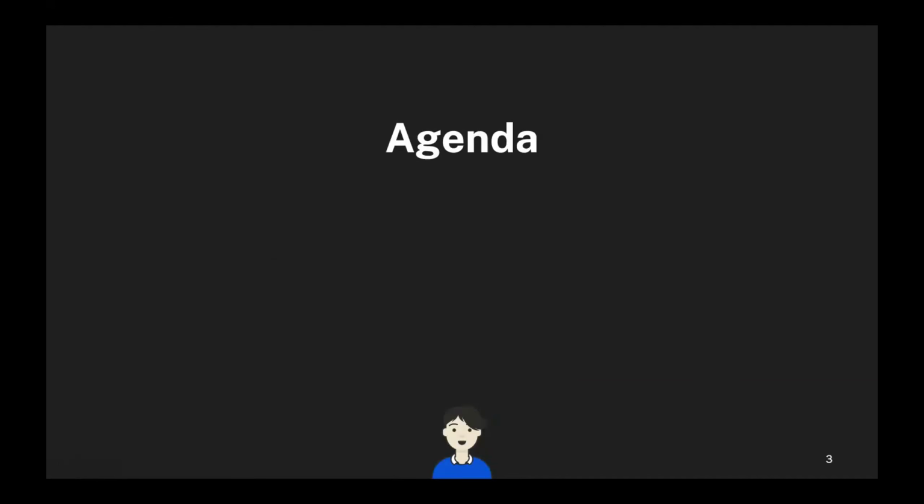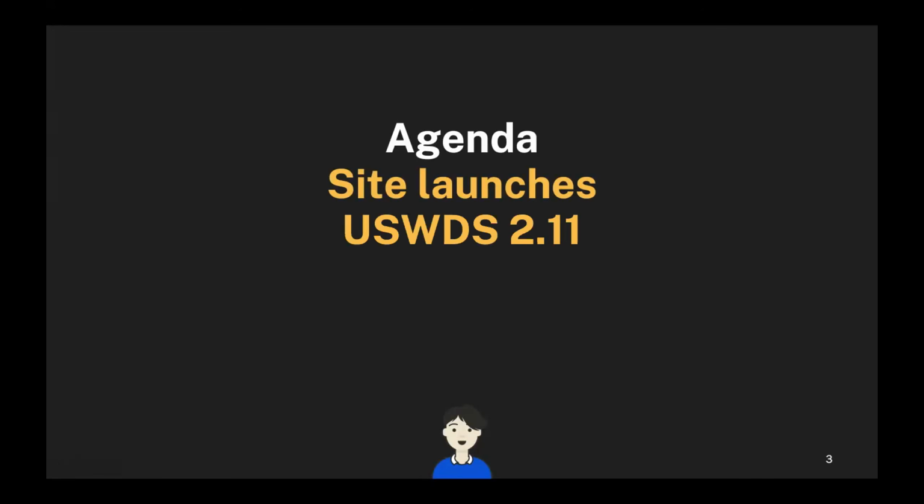So what is our agenda for today? First, as always, we'll show off a few nice site launches. Then we'll take a look at USWDS 2.11, our most recent release, just out yesterday.